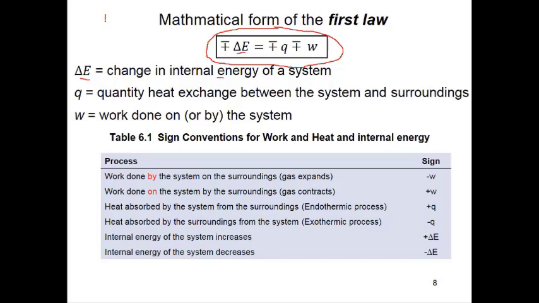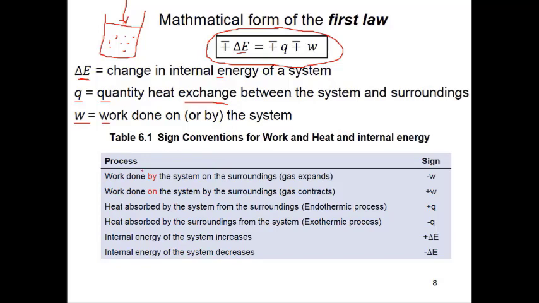Suppose we take a system here again, with gas inside this cylinder, closed by the piston. This is called your system. The energy of this system is called the internal energy of the system. Q is the quantity of heat exchanged, may go in, may go out. And W is the work, work done on the system or by the system.